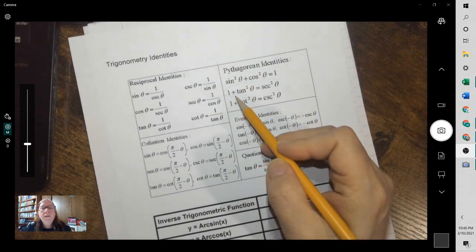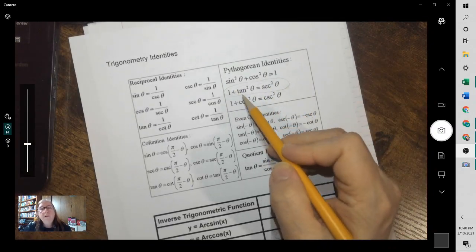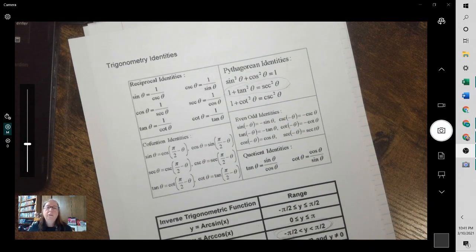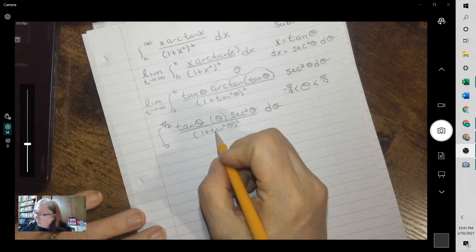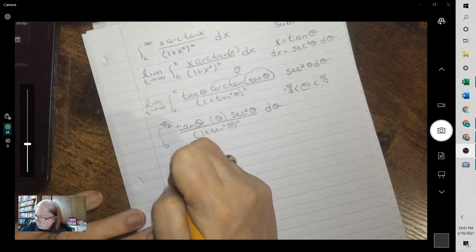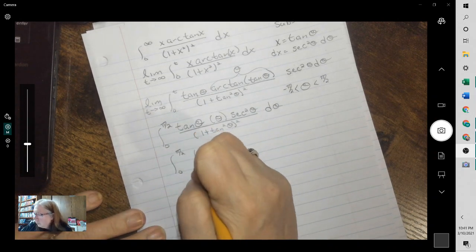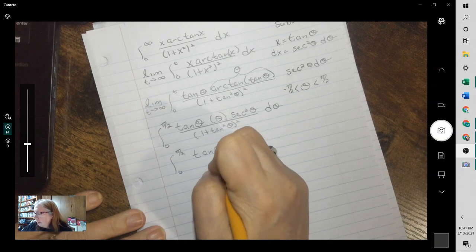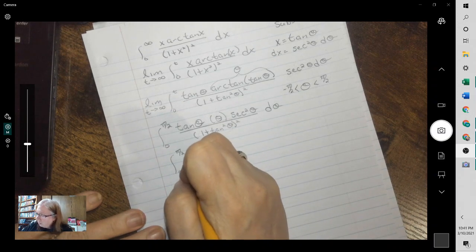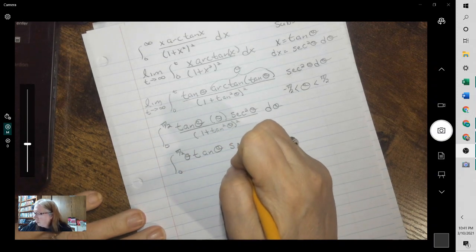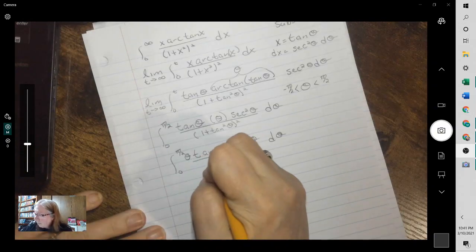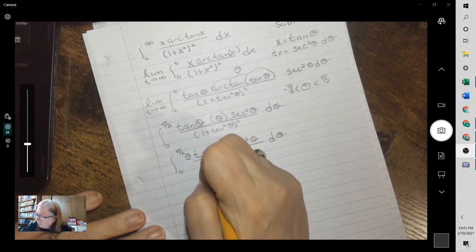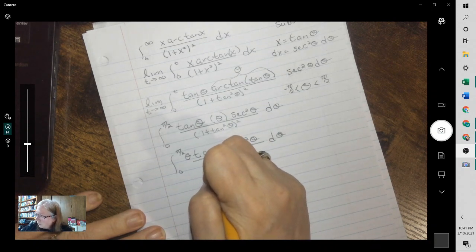Right here. 1 plus tangent squared is secant squared. So we can rewrite that. 0 to pi over 2, tangent of theta, and this theta I'm going to move in front. Secant squared theta all over the 1 plus tangent becomes secant squared.